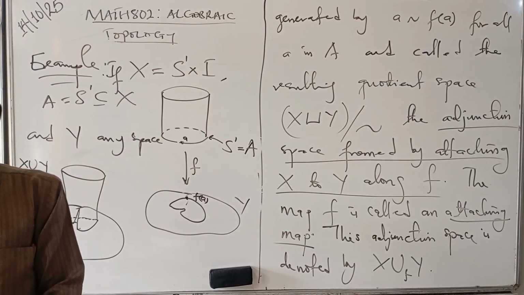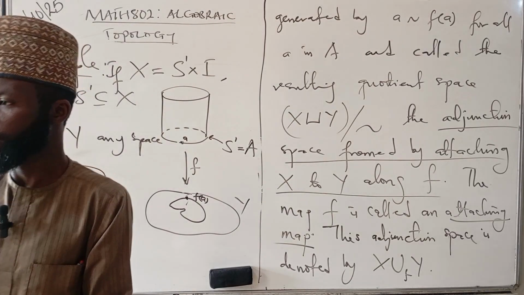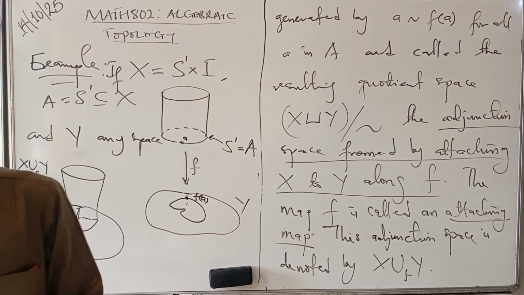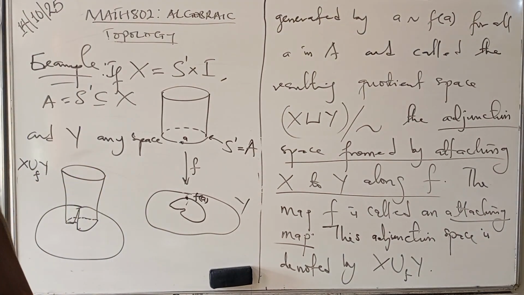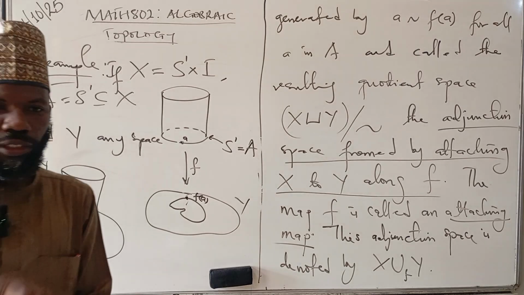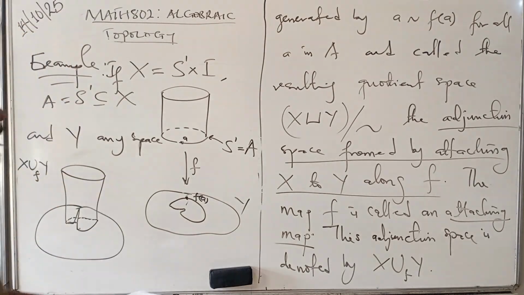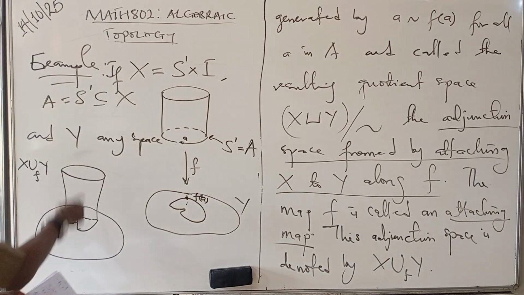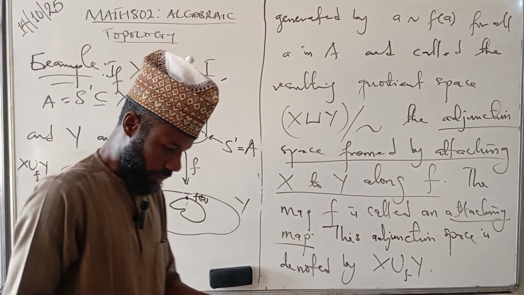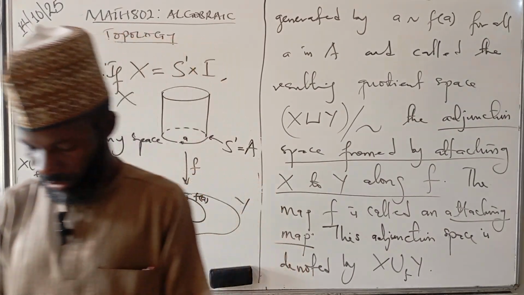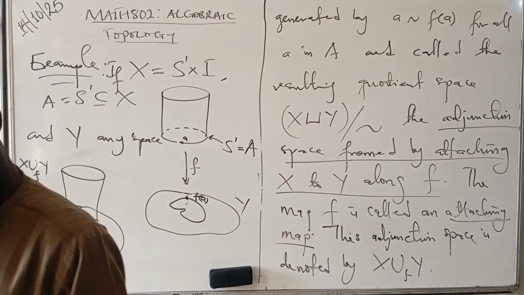Once you glue, then you create a new space. And that space is what is called the adjunction space, or the space obtained by attaching this one on this along that function, that continuous mapping. So this is the adjunction space. It's something that we are going to be looking at.